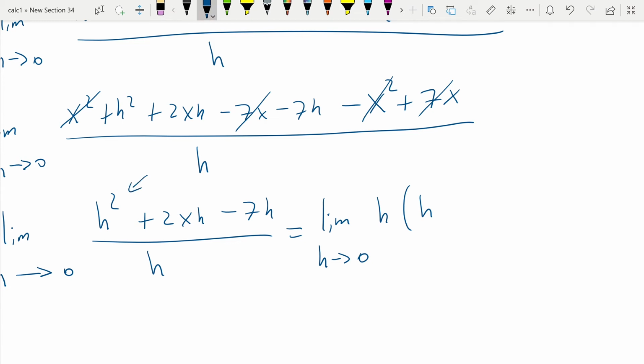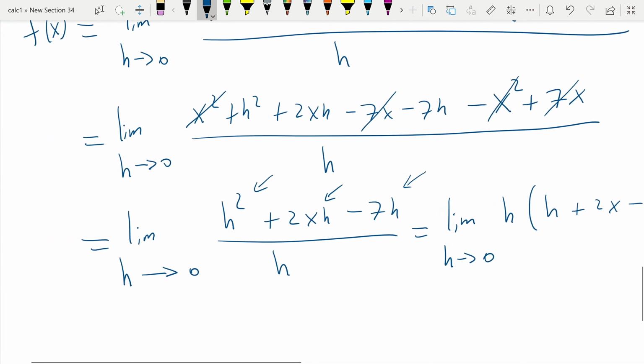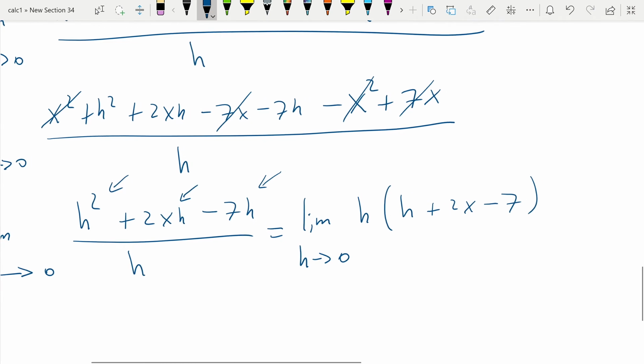Then to get the second term, we add 2x. So when we distribute, that becomes 2xh, and then we need the third term. That's just minus 7 times h, which is minus 7h. And we divide that by h.